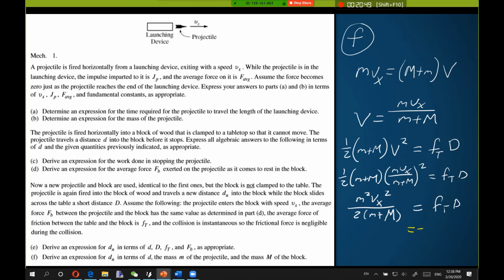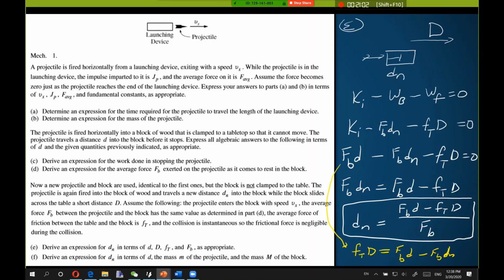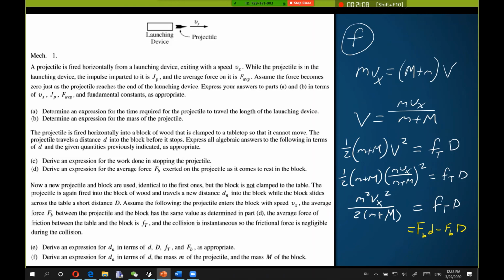Capital F. Wait. F_f D minus F_f d_n, yeah, okay.